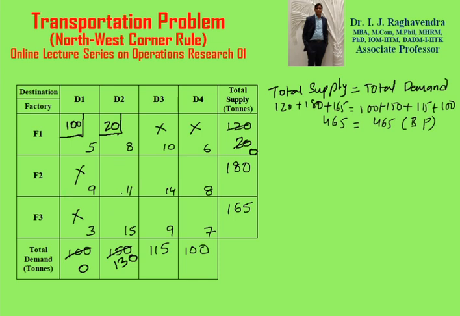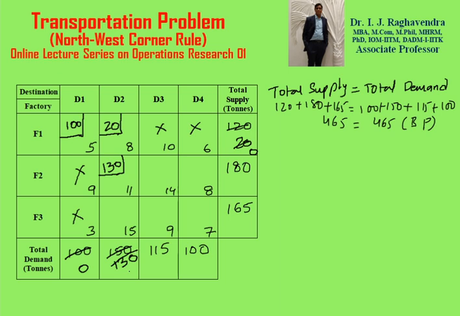And the matrix is reduced to 2 rows and 3 columns, F2 and F3, D2, D3 and D4, out of which we identify the northwest direction. Here the northwest corner is F2 and D2. F2 total supply is 180 and D2 is 130. So we have plenty of supply, but the demand is only 130. So we supply 130 only.